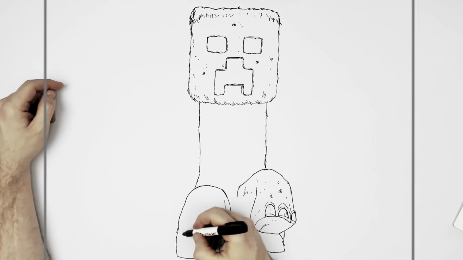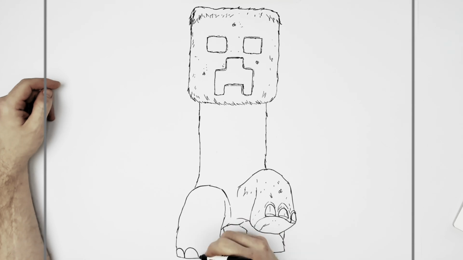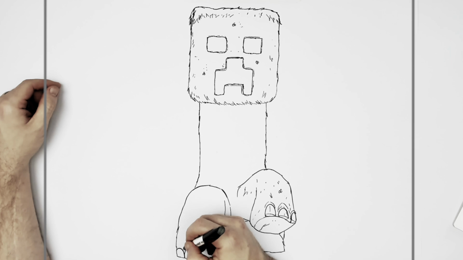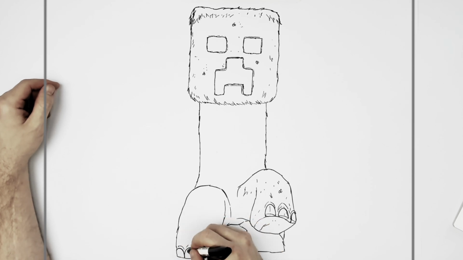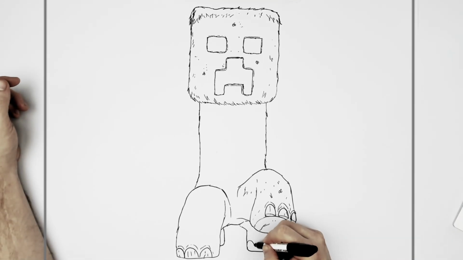Do the toes on this side. 2, 3. And there's a bit of a skin bump around each one. Kind of lines on the nails. Do the same over here.